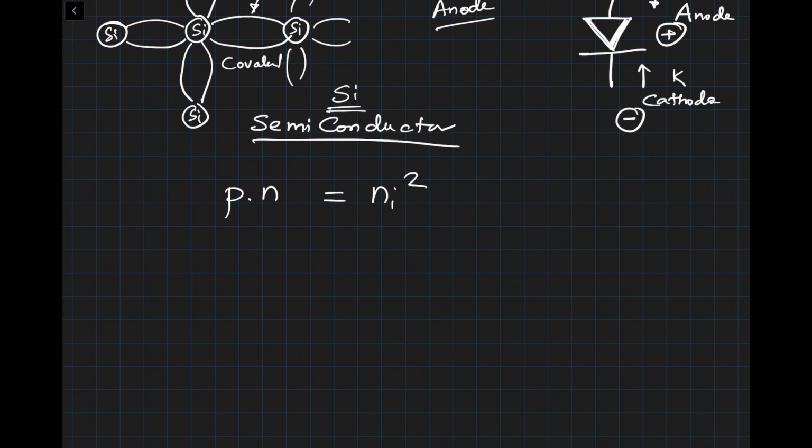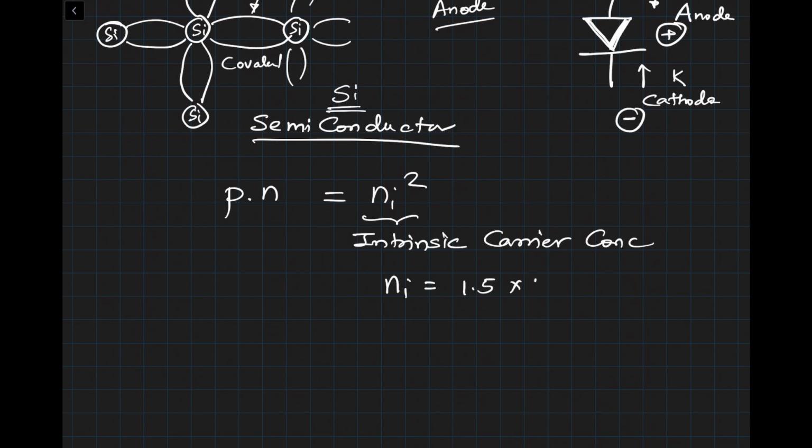And this Ni is called the intrinsic carrier concentration, and the value of Ni is equal to 1.5 times 10 to the power 10 per cm cubed.